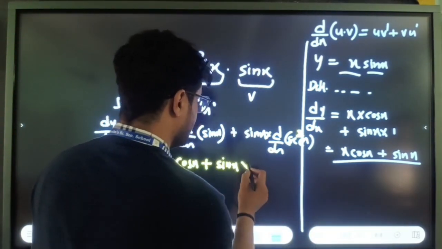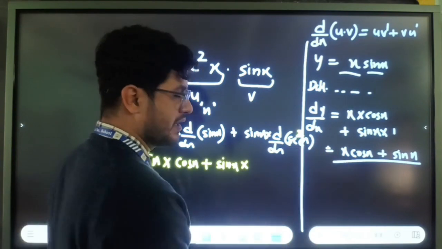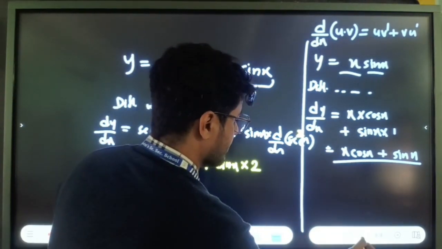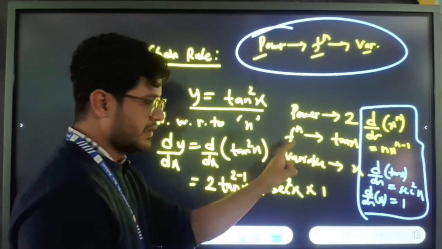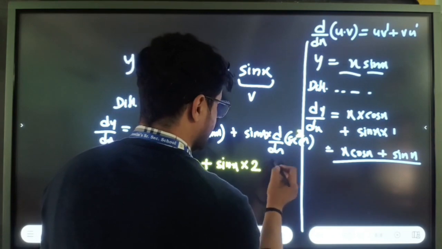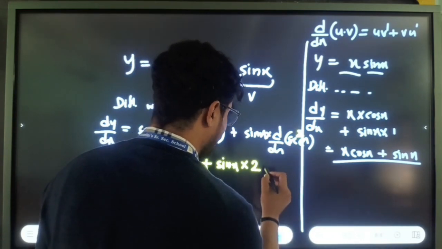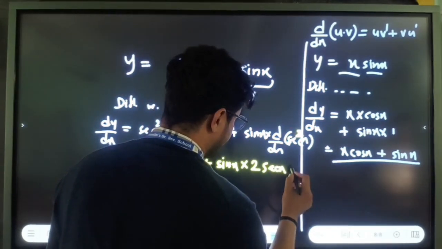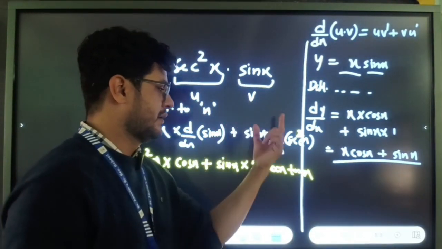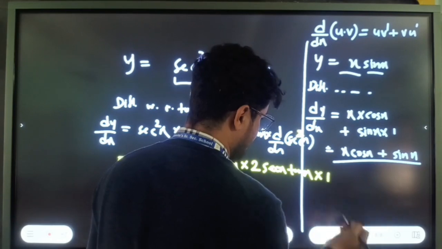Sin x as it is, function is sec x and power is 2. So first of all, power, function, variable: 2. Derivative of sec x, again we have the standard formula sec x tan x, and variable, that is 1. Derivative of x is 1.